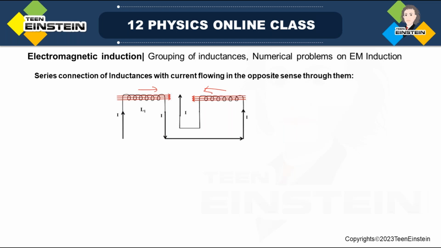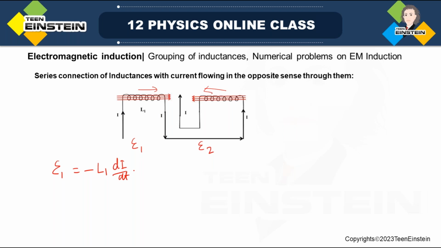So in this case, what can we write? This is E1, and this produces the induced EMF E2. So E1 could be written as minus L1 di dt. This is due to the self-inductance.